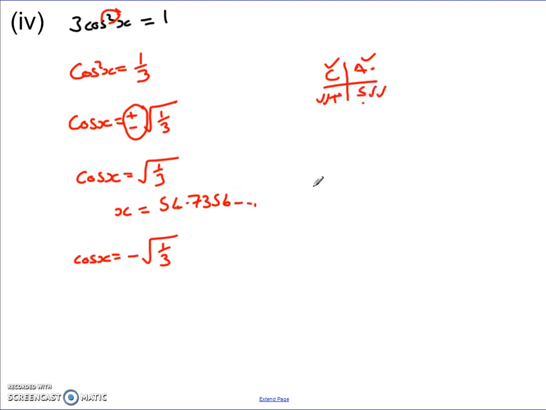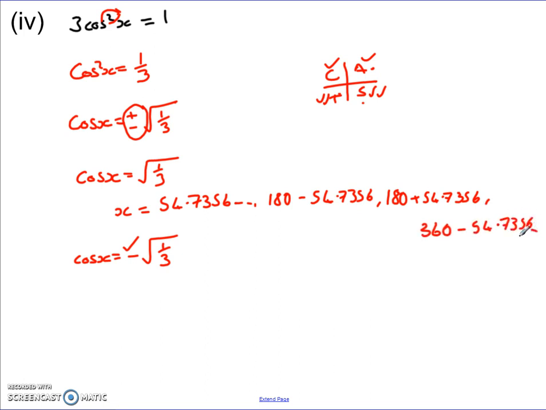So my solution that would fall in the S is going to be 180 take away the 54.7356. My solution that falls in the T is going to be 180 plus the 54.7356. Now these would be the two solutions for this one. For this, I need the final solution, which is in the C section there, and that would be given by 360 minus the 54.7356.